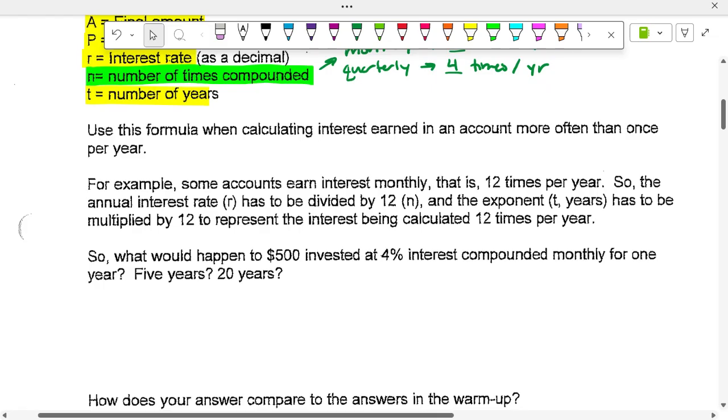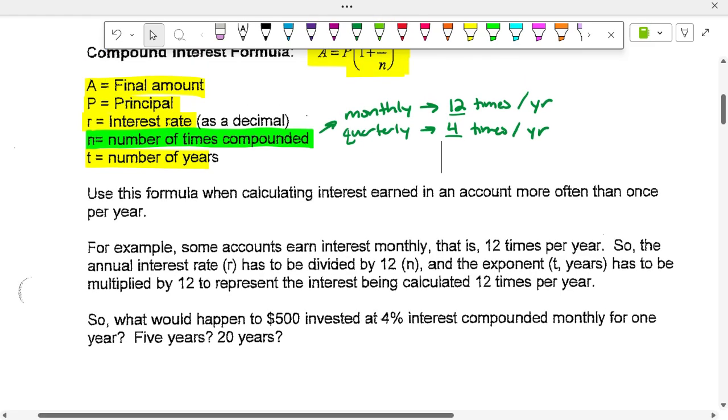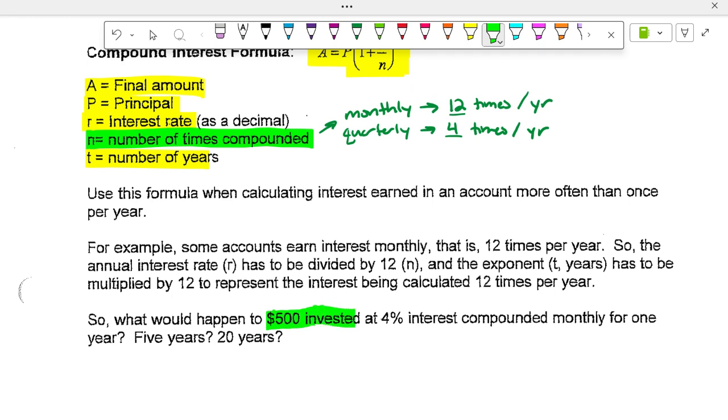So for example, we're going to see what happens if we invested $500 at 4% compounded monthly.